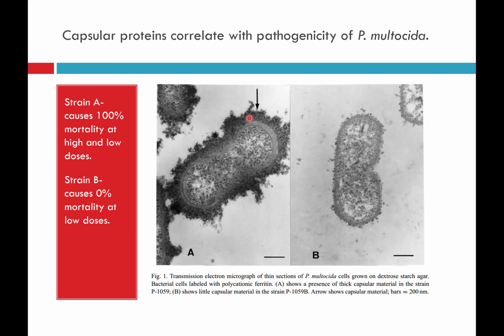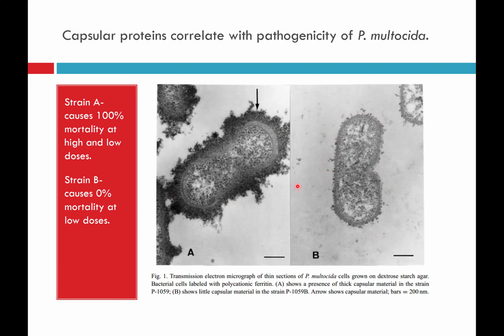But this was shown in an experiment wherein the researchers produced a mutant bacteria wherein they removed the capsule. They deleted the gene that produces the capsule on the bacteria. So here in figure A, you're seeing the carbohydrate-rich capsule that is on the outer part of the bacteria. And here in figure B, we are looking at the mutant bacteria, the capsule-deleted bacteria.